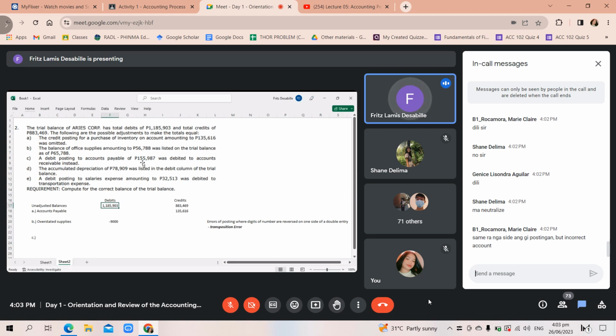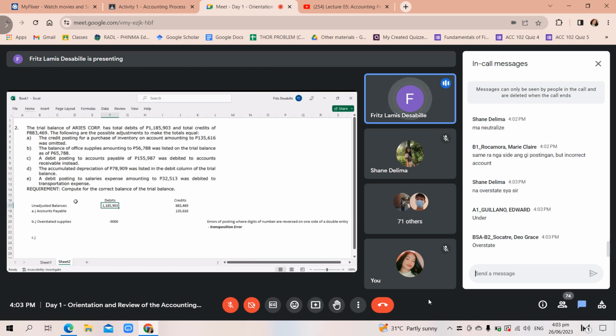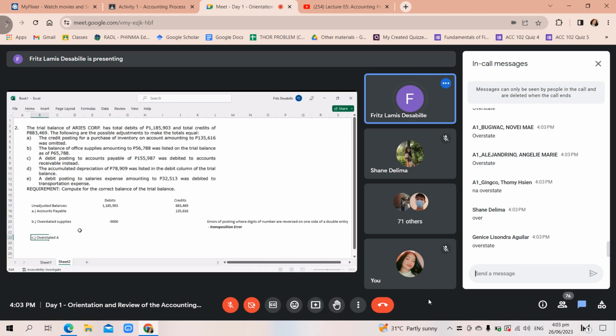Instead nga i-credit nato siya sa i-debit nato siya sa accounts payable, meaning magbuhin ta sa atong accounts payable which is a credit, nagdungag tag AR. Correct, overstate, no? So overstated AR and AP.